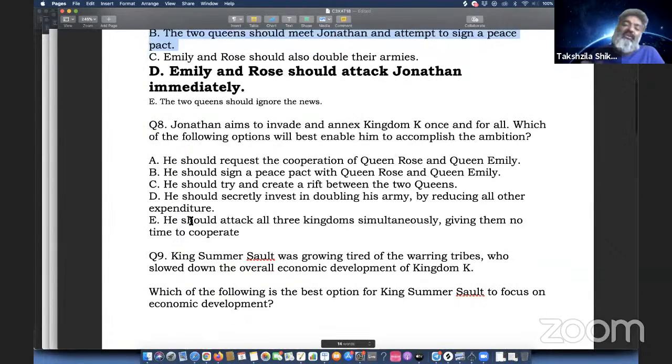So same logic in the backwards direction. The queens are not going to help me because they know I'm expansive. They know my plans already. Why would the queens now sign a pact when they know I'm expansive?